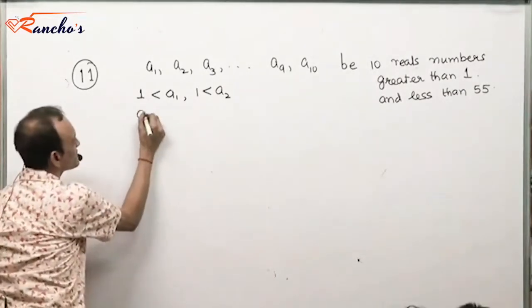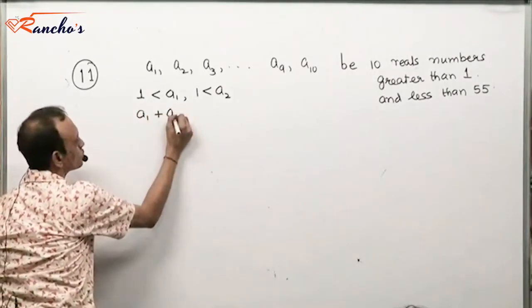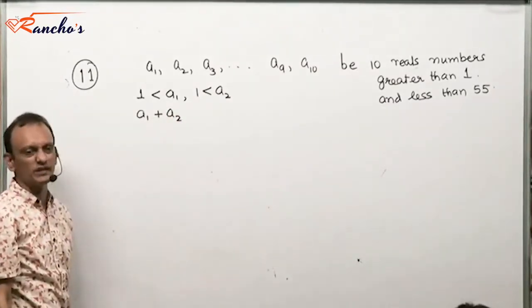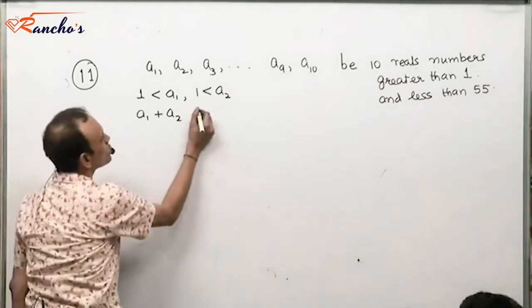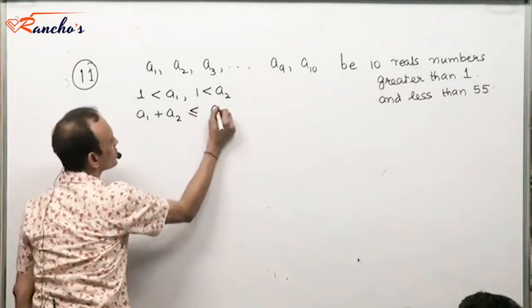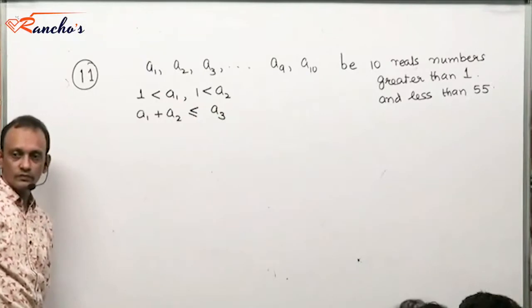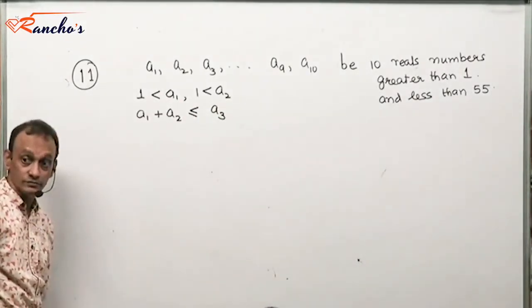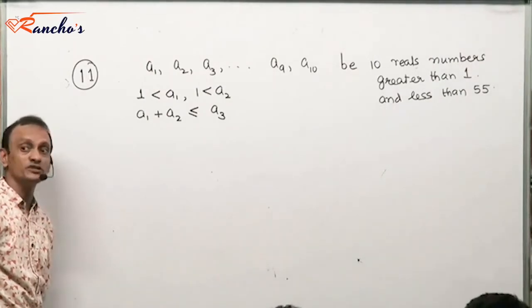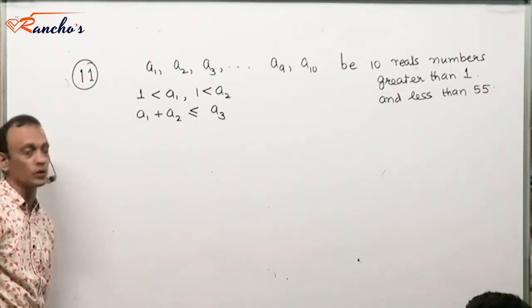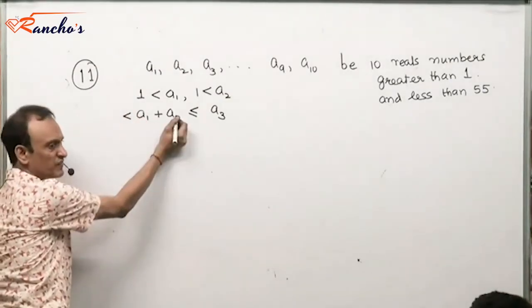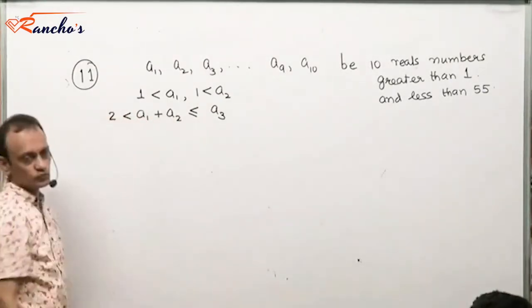So, can I say A1, A2, A3 don't constitute sides of a triangle. So, A1 plus A2 must be less than or equal to A3, because I am assuming the contrary. But A1 is greater than 1, A2 is greater than 1. So A1 plus A2 must be greater than 2.